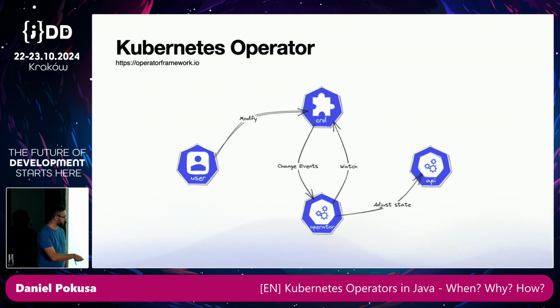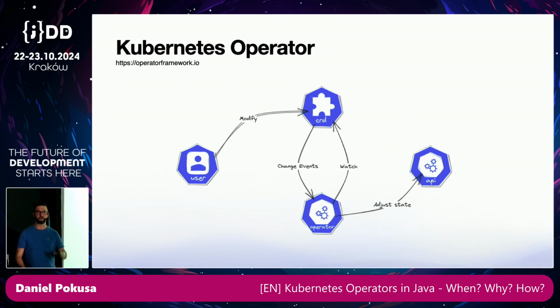And there is the operator. Operator is an application that has a very, very defined standard that watches the changes on the custom resource definition. So you're connecting to a stream of events from Kubernetes that will inform you that something changed within the custom resource definition that you asked for.